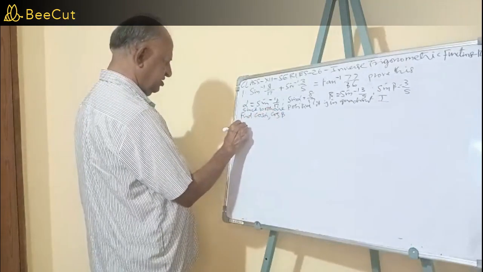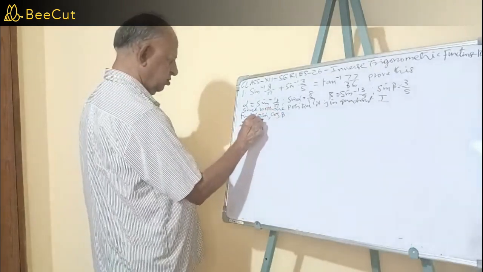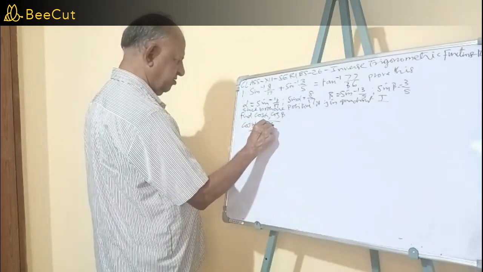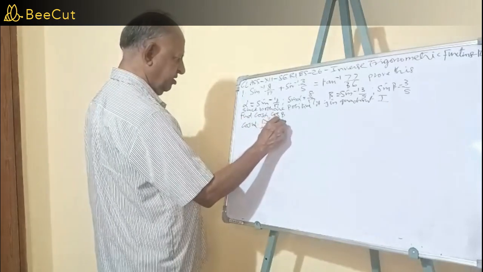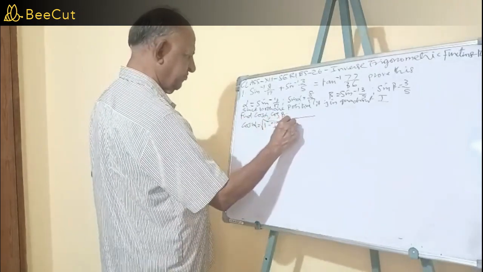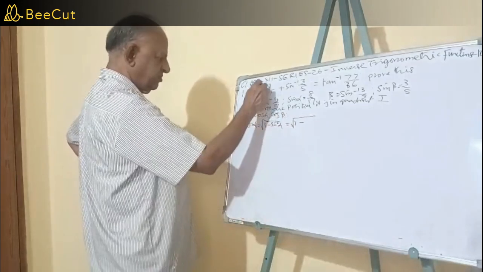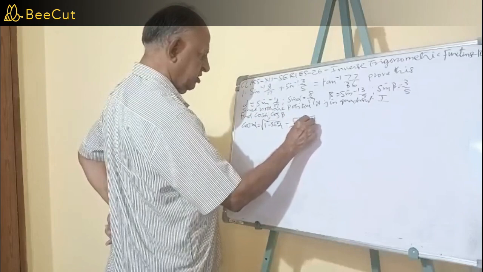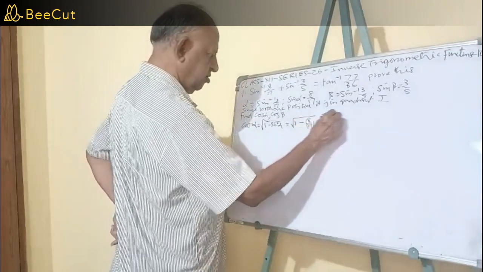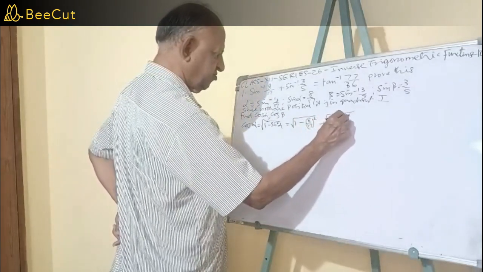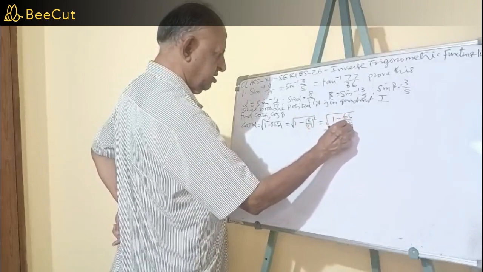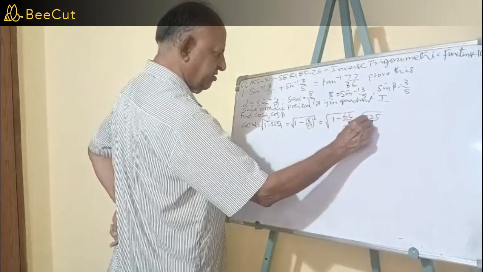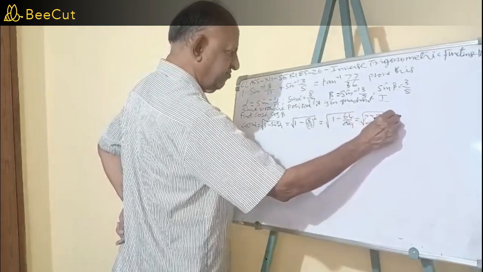We know cos alpha is equal to square root of 1 minus sin squared alpha. So substituting, we have square root of 1 minus 8 by 17 whole square, which is square root of 1 minus 64 by 289, which is square root of 225 by 289, which is equal to 15 by 17.